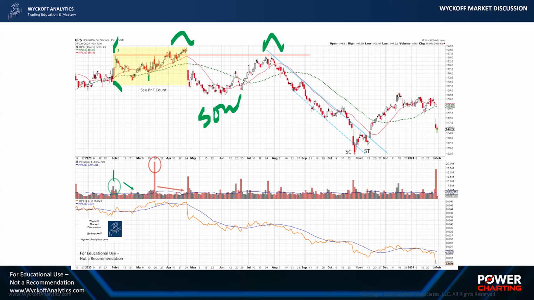Volume comes in on this low day here, as it touches the 50-day moving average, and then the volume is quite high on this day. A bullish day goes down, closes in the top 2/3 of the range, and stays above the 50-day, and then has follow through on volume here.